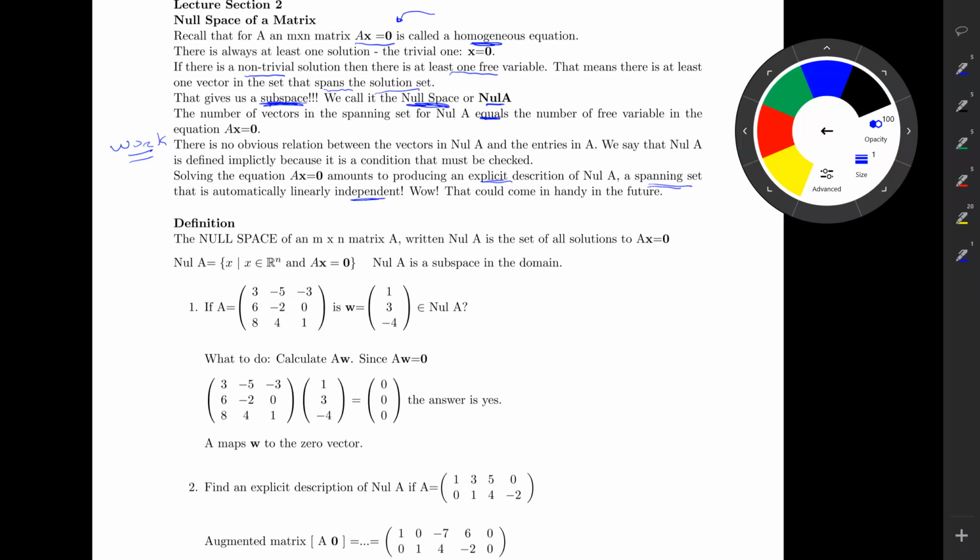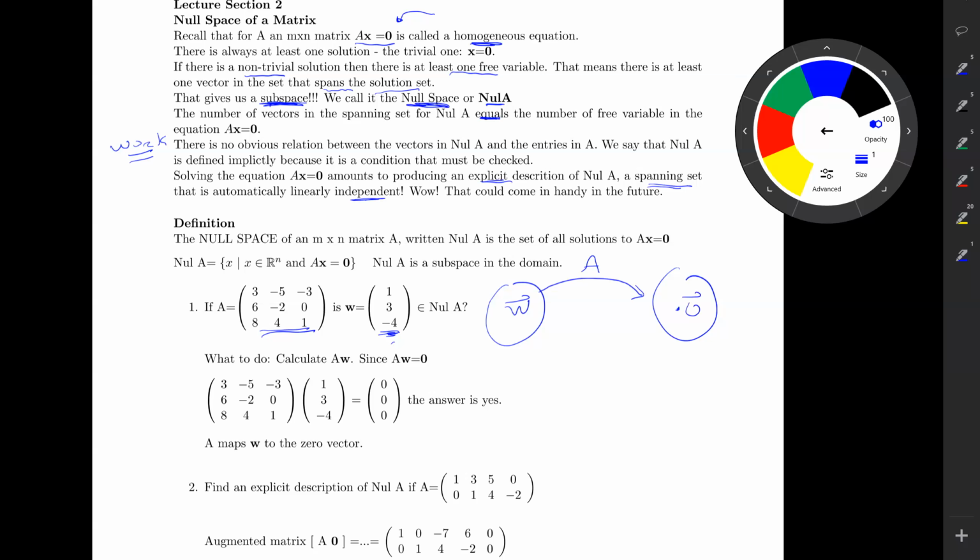All right, so null A. If I have this matrix A and this vector W, is this vector in null A? Remember, the vector W would be here in the domain. Does AW, the transformation of A, go to the 0 vector is the question.